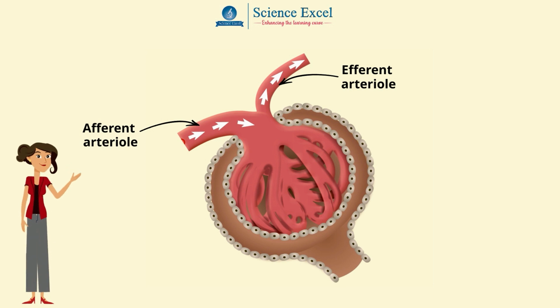Due to this difference in the diameters of the afferent and efferent arterioles, it is easy for blood to enter the glomerulus but difficult for it to exit, increasing the pressure inside the glomerulus, squeezing the blood in the glomerulus against the capillary walls.